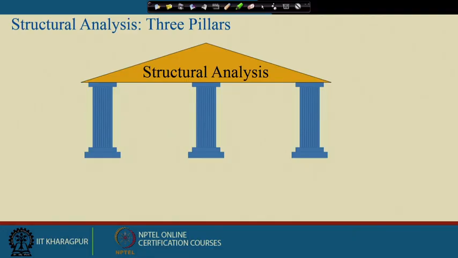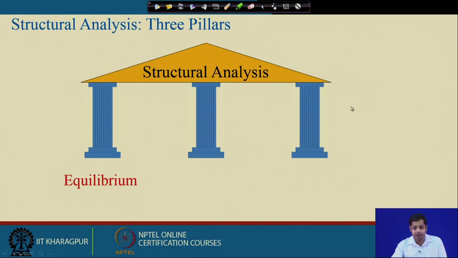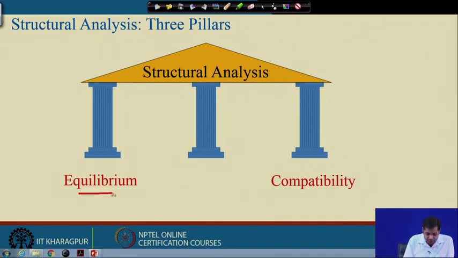Now, structural analysis has three important pillars. One is equilibrium. So, we have to have equilibrium satisfied, and then next is compatibility, meaning the boundary conditions and the continuity in the displacement both are satisfied. So, this gives us static admissibility, this gives us kinematic admissibility.